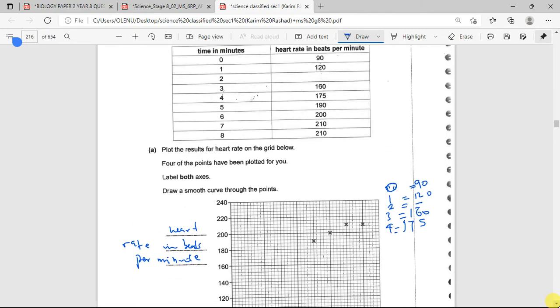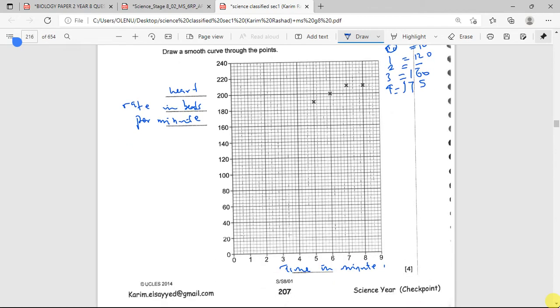For 4, it is 175. This axis goes from 160 to 180, so 175 will be within this range. Then for 3 it is 160. For 2, there is no value. But for 1, it is 120, and for 0, it is 90.